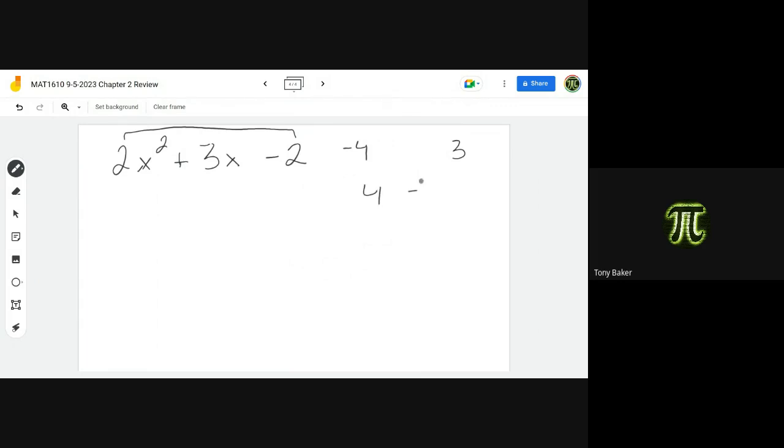So 4 and -1. Now, what I'm going to do is split this middle term. And it doesn't matter the order you put them in. It'll still come out to be the same answer. So 2x squared plus 4x minus x minus 2.